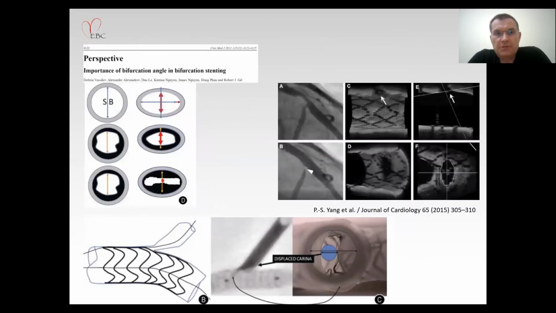Those changes were demonstrated by us in elastic bifurcation models several years ago, with stretching at the lateral points of the side branch ostium, and those changes were also demonstrated by OCT imaging in bifurcations stented by several groups.